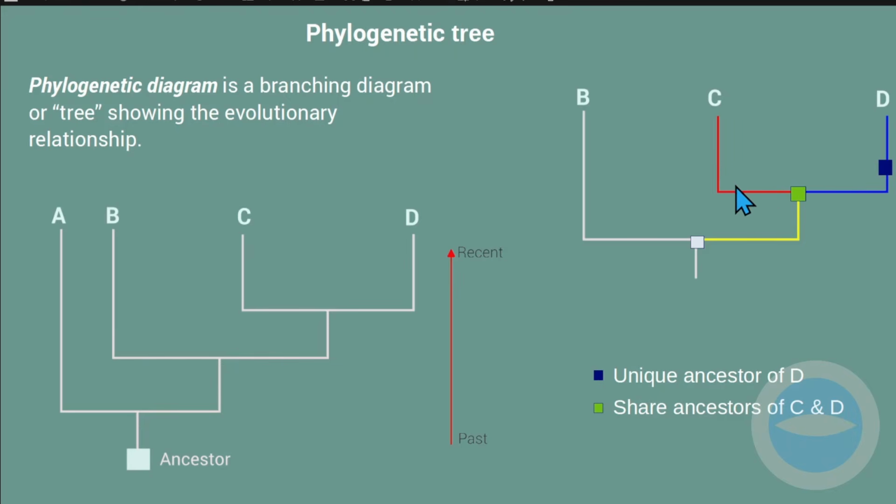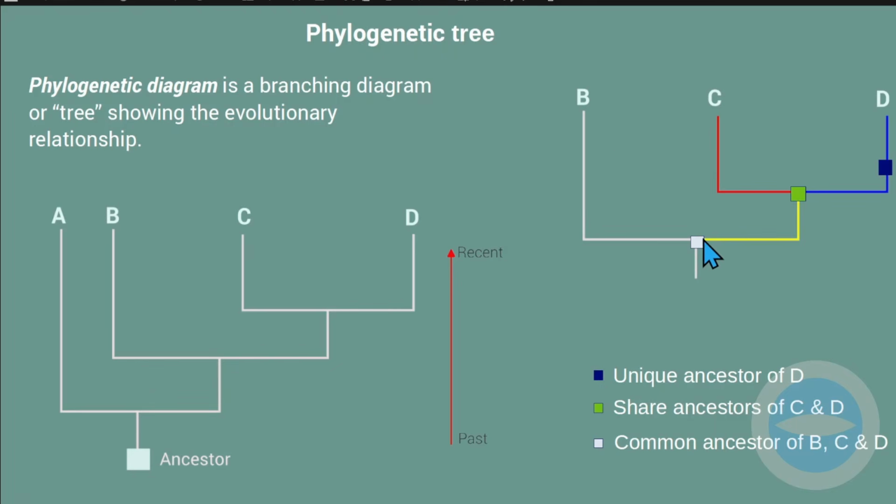We must be able to interpret this diagram. At the white dot here are the common ancestors of B, C, and D. So here is the common ancestor of all the organisms on this tree.